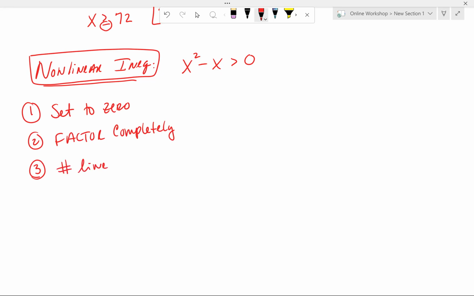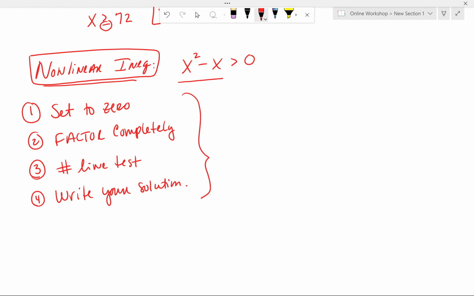And step 4, write your solution. Okay, and I'll also explain this graphically using your graphing calculator tomorrow. So again, we're solving non-linear inequalities, and we're going to use these steps, and I'll fill in the gaps as of why we do those steps.